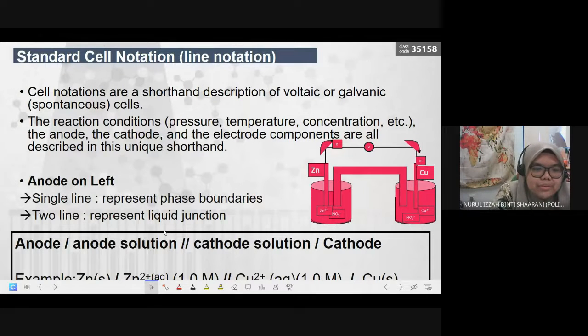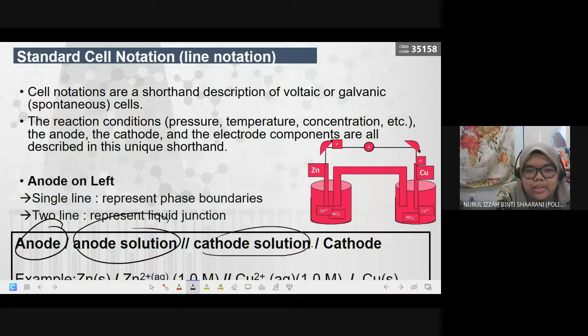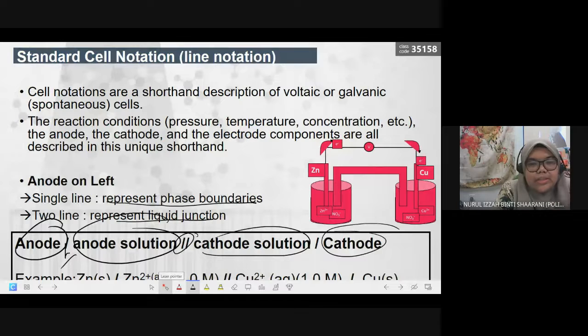For example kat sini anode ni akan duduk dekat bahagian kiri sekali, and then diikuti dengan cathode. Satu palang ni, single line to represent phase boundaries. Double palang ni is to represent liquid junction. That means when you want to separate between anode and cathode.